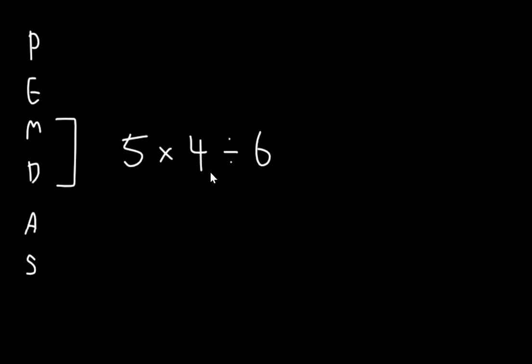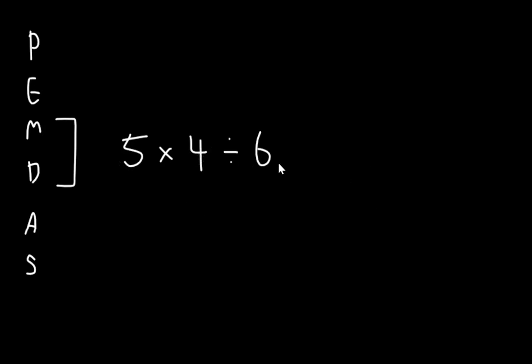However, you cannot, I believe, wait. 4 divided. Actually, you can. Since multiplication and division are actually at the same level, just like addition and subtraction are, as long as you do all of it, you're going to get the right answer.